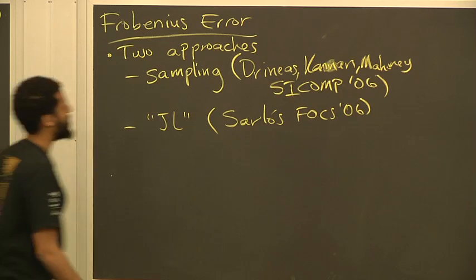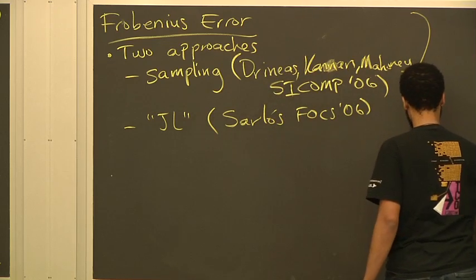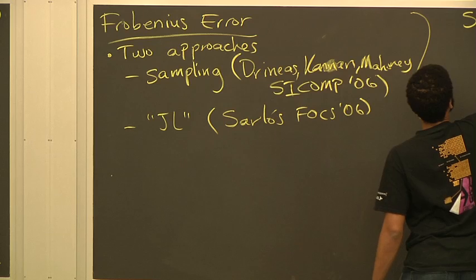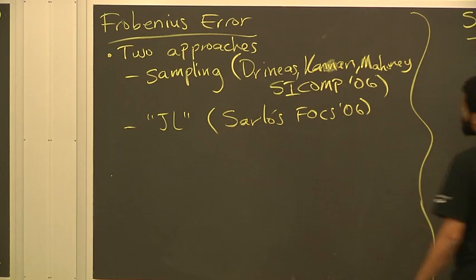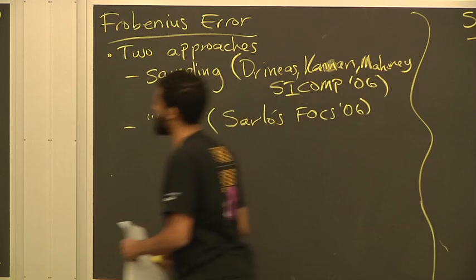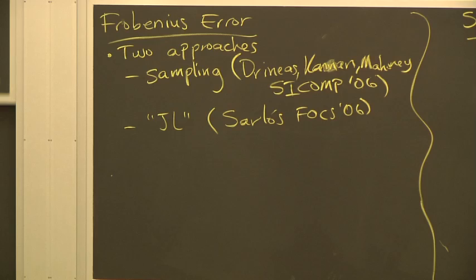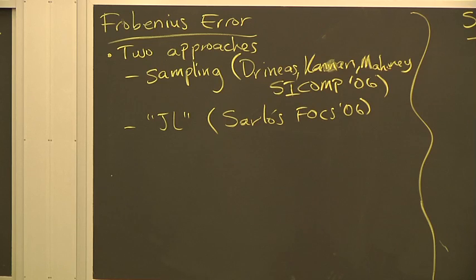So what do I mean by sampling? Say the rows of these matrices A and B, let me give them names. So let's say the first row is A1 up to AN, and these rows are B1 up to BN, transpose.